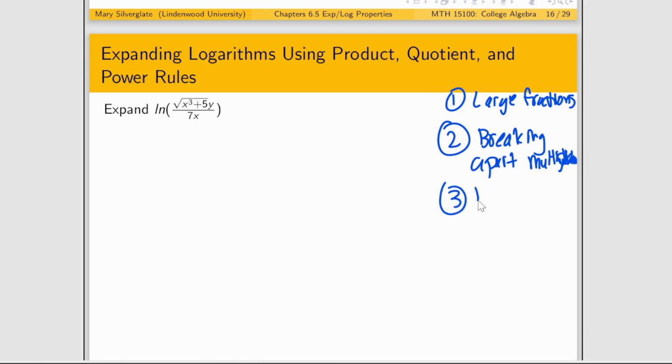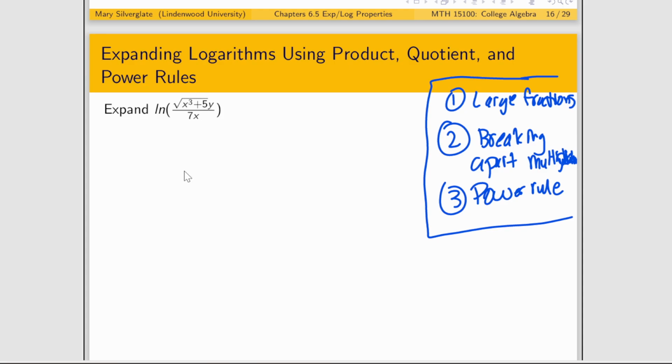Then you want to deal with the power rule at the end. Power rule should always be the last step you deal with, really. And this is kind of a general order. It might depend slightly based on the context where maybe some parentheses have been placed, but this is a general order that will work.